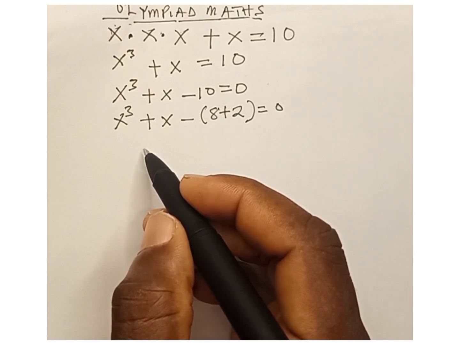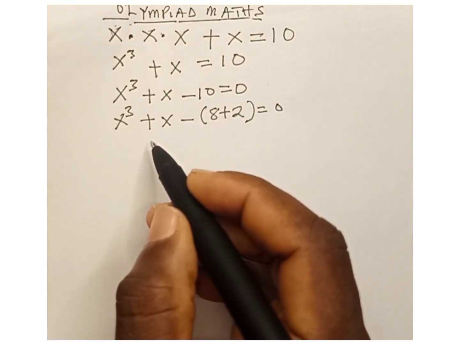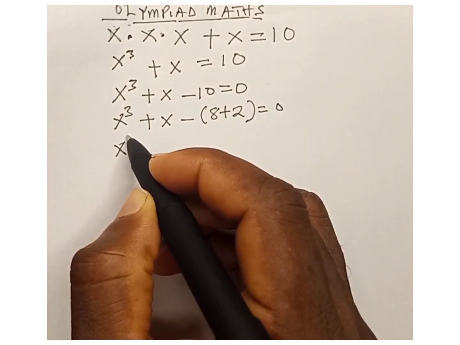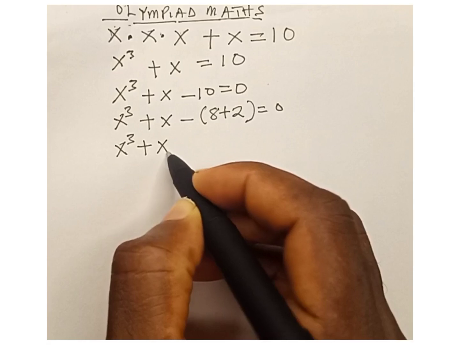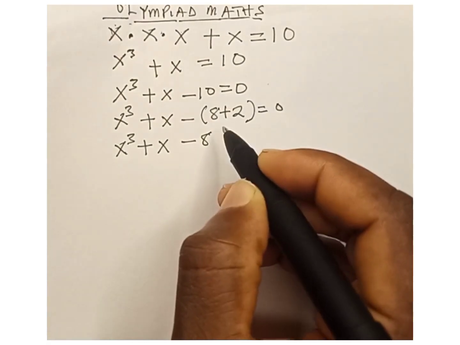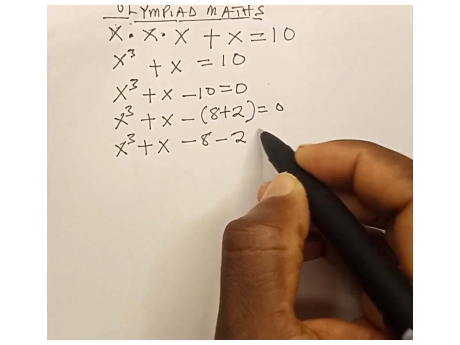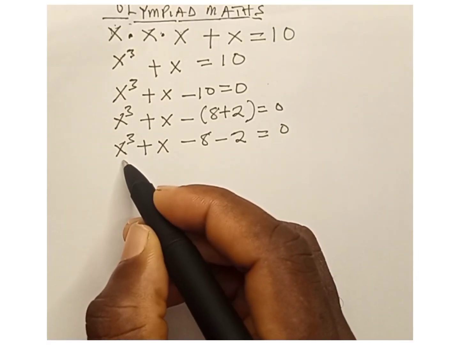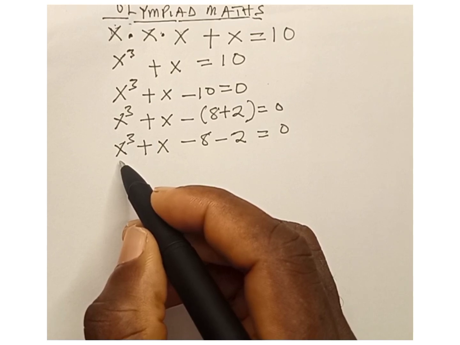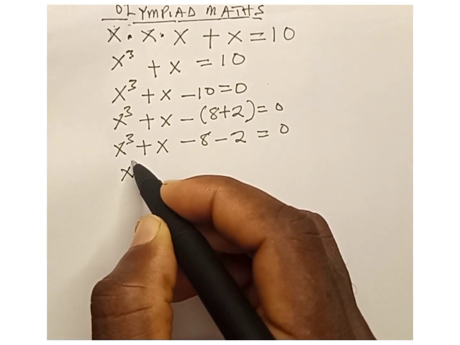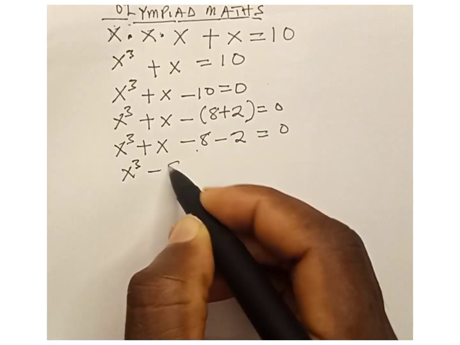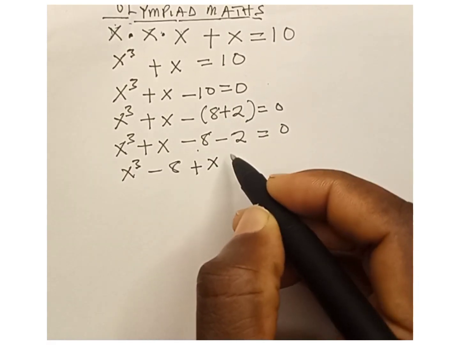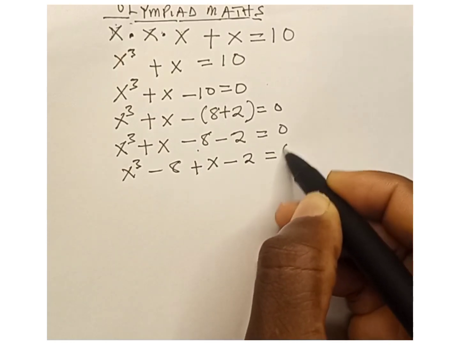So if we regroup it and collect like terms, we're going to have X raised to power 3 plus X minus 8 minus 2 equals to 0. So we can regroup this and write it as X raised to power 3 minus 8 plus X minus 2 equals to 0.